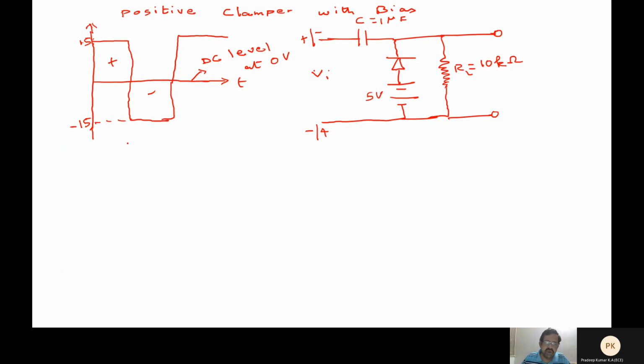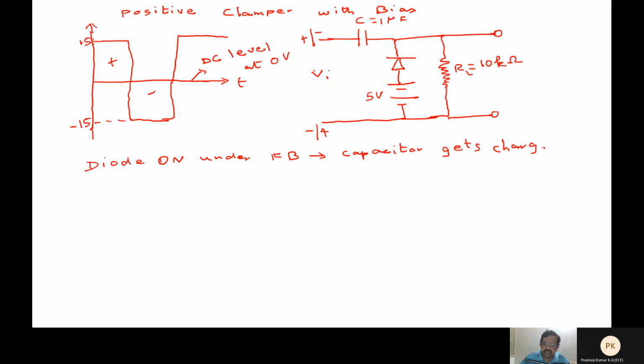So before we do analysis, let us recall these facts. The facts are the diode is on under forward bias. Okay, and this is when the capacitor gets charged, because the current has to flow through, and the capacitor gets charged.